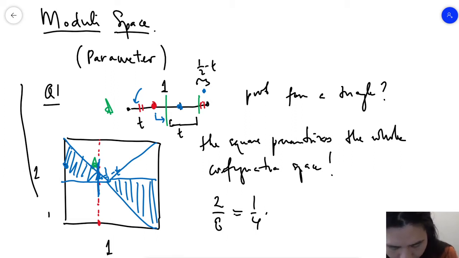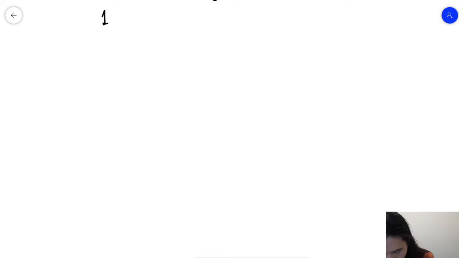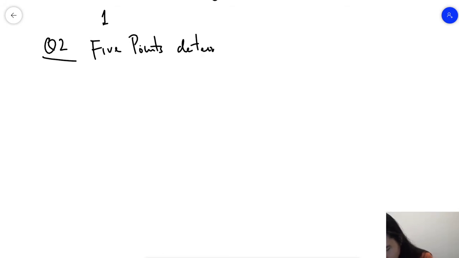So 5 points determine a conic. So what is a conic?